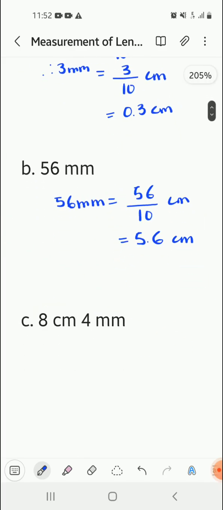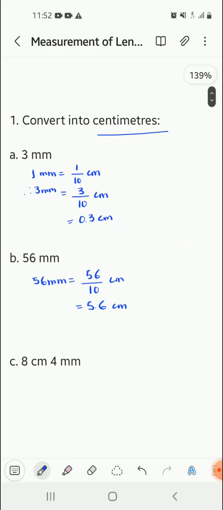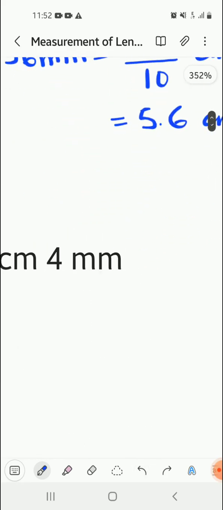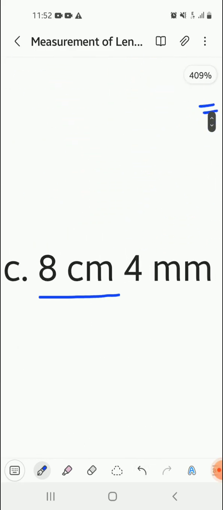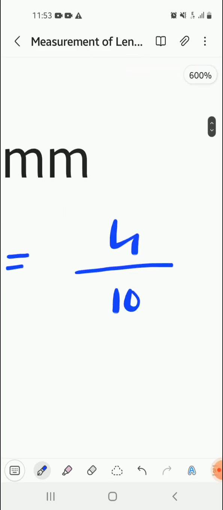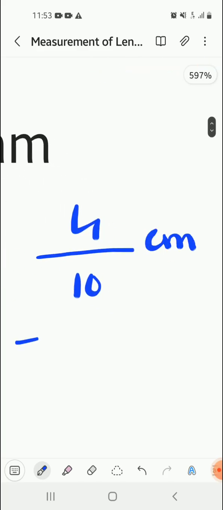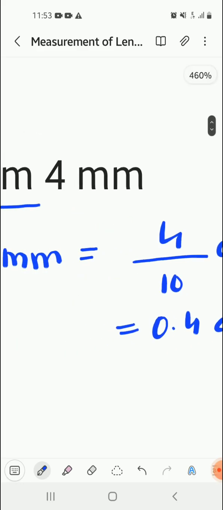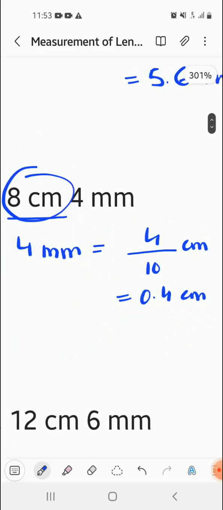Again, 8 centimeter 4 mm we have to convert into centimeter. 8 centimeter is already given in centimeters, so we don't have to do anything about it. We have to convert 4 mm first. 4 mm is 4 by 10 centimeter, which is 0.4 centimeter. So now 0.4 centimeter plus 8 centimeter.